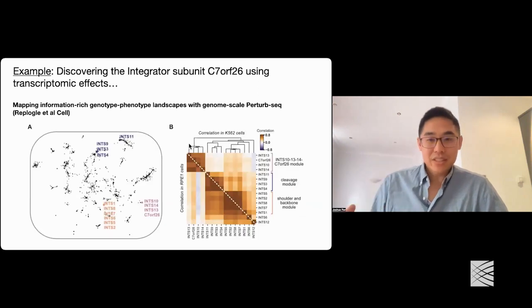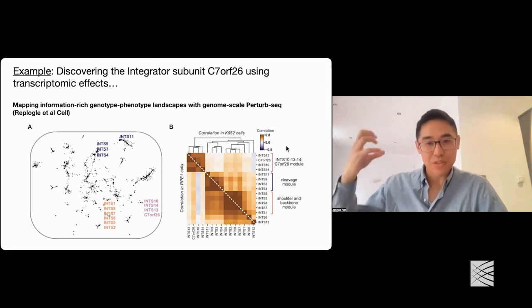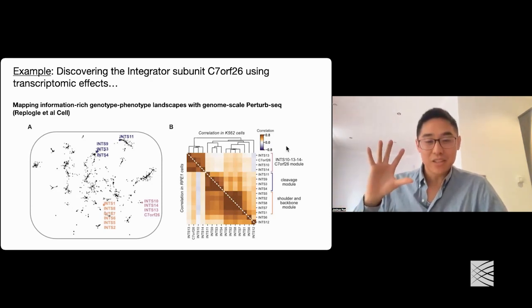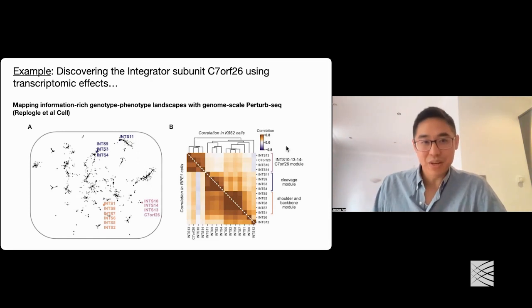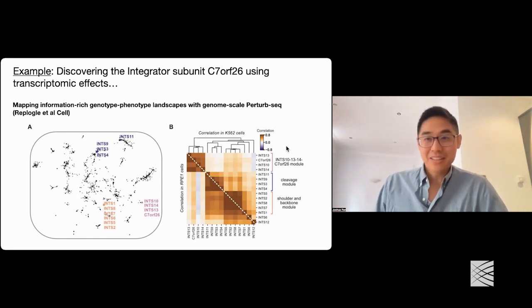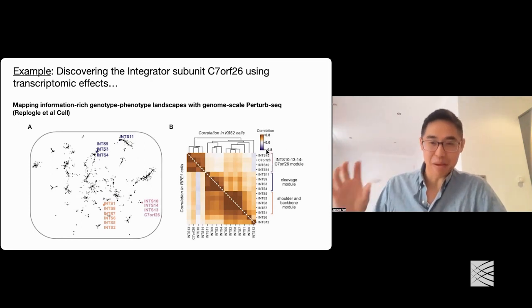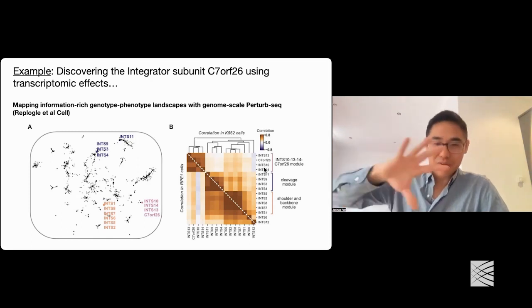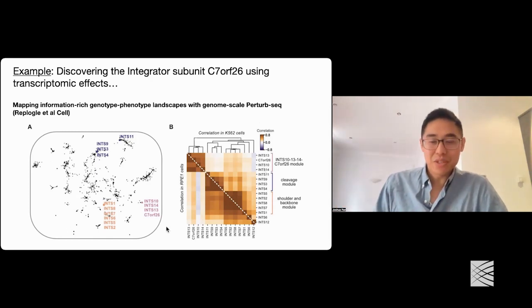When they clustered their data set, they found once again that the integrator complex had this modular structure, which we could see from our fitness data, right? But they're looking at transcriptomic outcomes, right? So clustering transcriptional programs gives you this protein complex. And once again, it brings in C7orf26 as a highly specific member of this very small part of the complex. And then overall it gives you the complex as a whole.